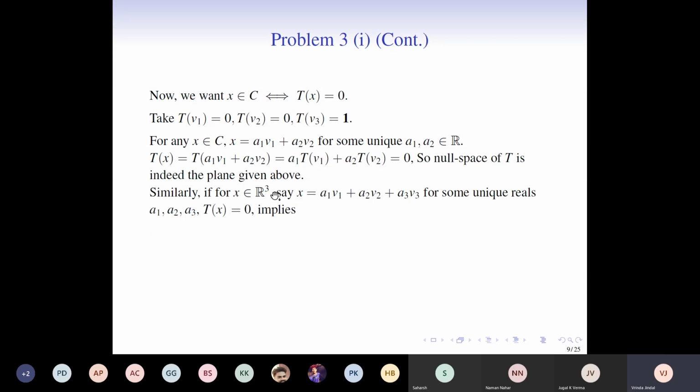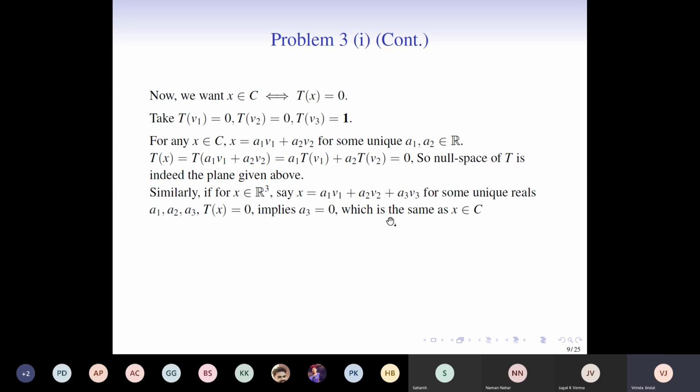And we have that T of x equals 0. So this would imply that T of this expression is 0, and we would separate this out as done before. So the first part would become 0 and we would get a3 T of v3 equal to 0, and T of v3 is just a vector of ones.